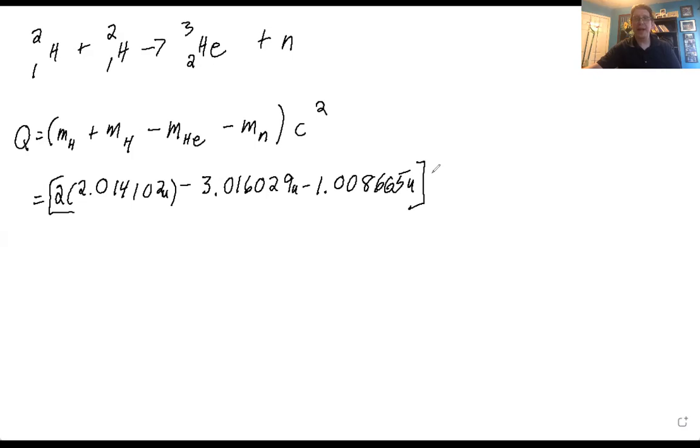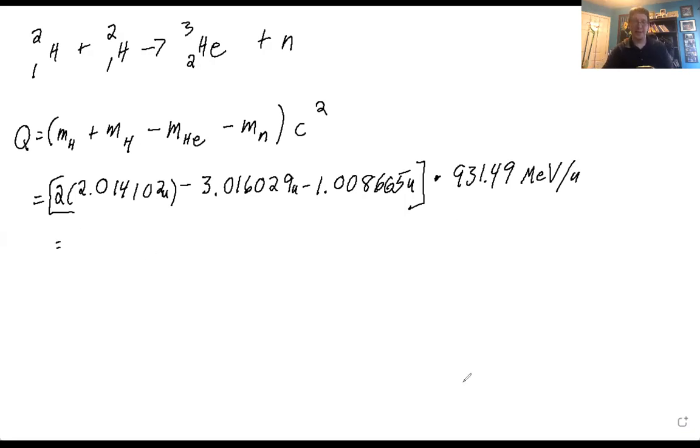And you're going to multiply this all by the conversion between mass units and electron volts, which is 931.49 mega electron volts per atomic mass unit.